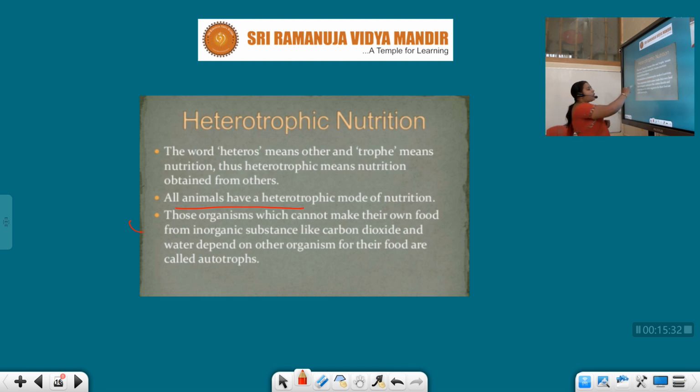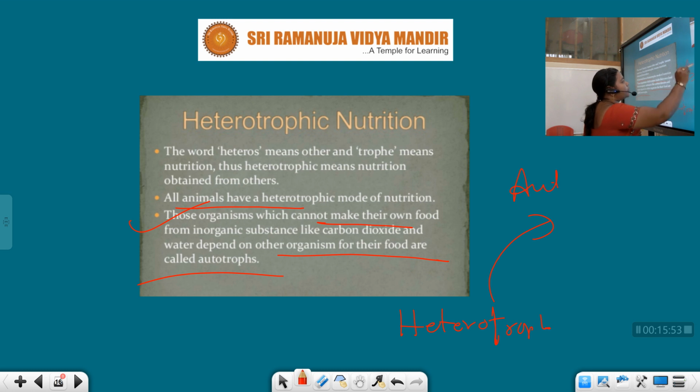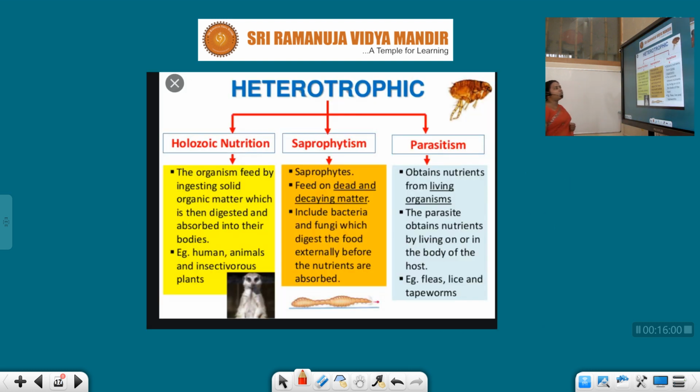Those organisms which cannot make their own food from inorganic substances like carbon dioxide and water depend upon other organisms for food. So simply, students, heterotrophs depend on autotrophs for food. So this is the introduction of the heterotrophic mode of nutrition.